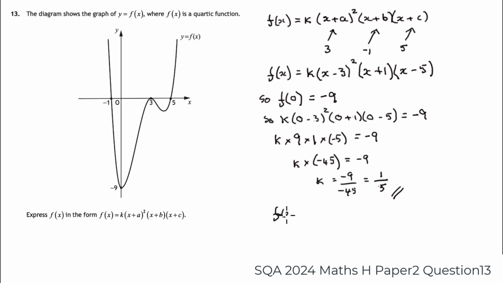We haven't quite expressed it as such, because now that we know k is 1/5, we'll put that in there. So we get f of x finally being 1/5 of x minus 3 all squared times x plus 1 times x minus 5. So that's your final answer.